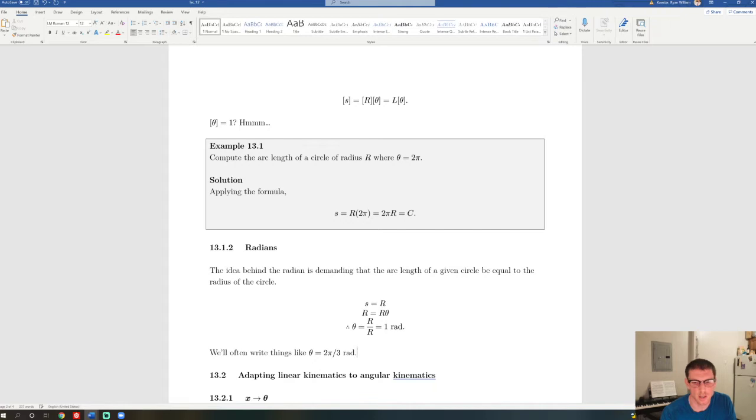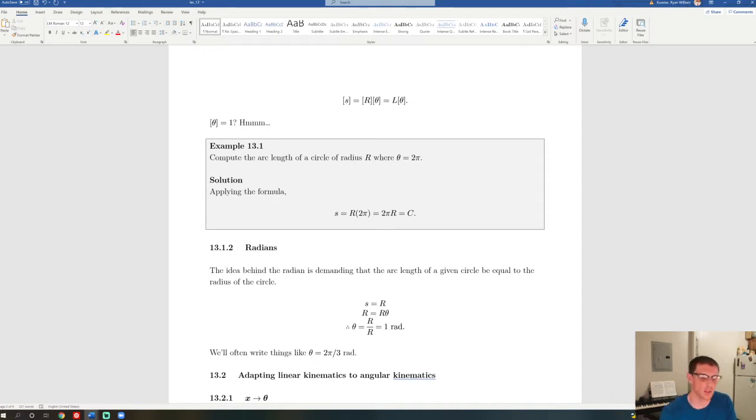And this is fine. I think this is mostly useful when we're plugging angles into trig functions, because your calculator is going to care very much if you're in degree mode versus radian mode, right? And so writing the rad is a good idea, and I will try to remember to do that as often as I can.